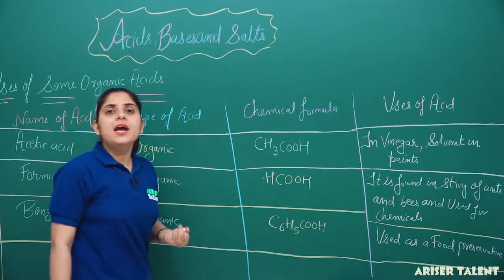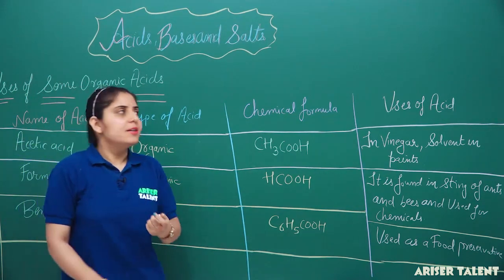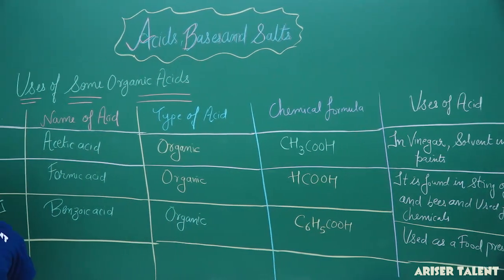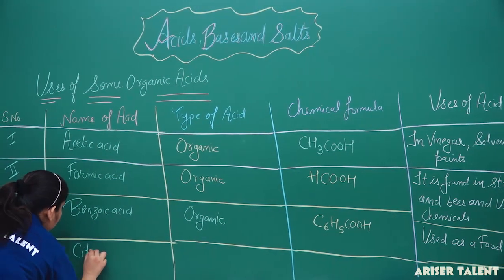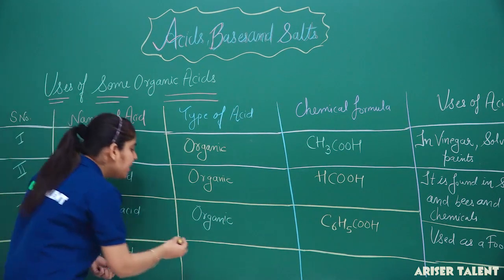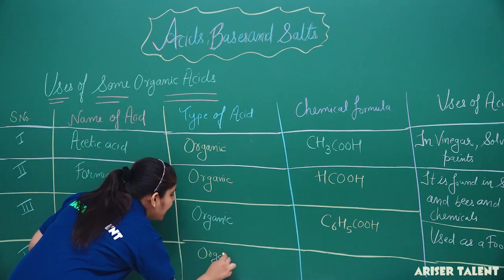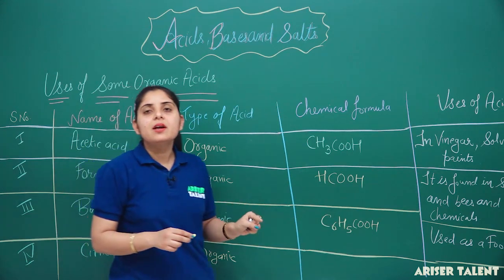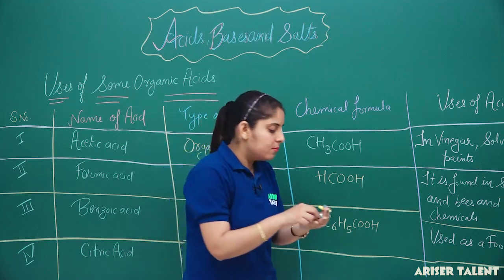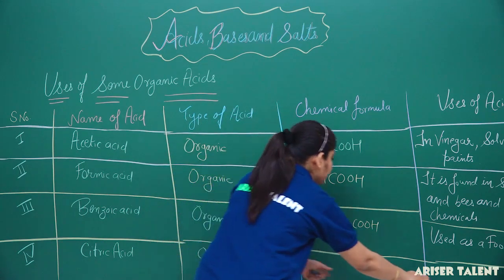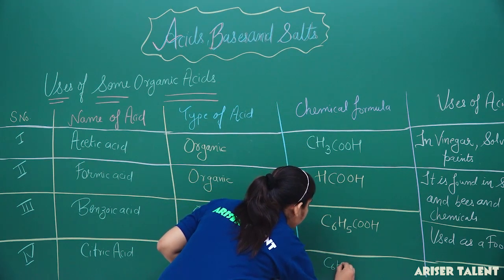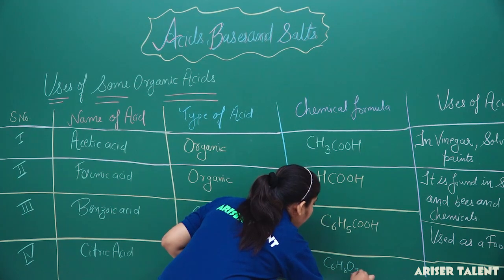Now our fourth acid will be citric acid. I am writing fourth acid here, citric acid. Citric acid is again counted in the category of organic acids. Its general formula is C6H8O7.